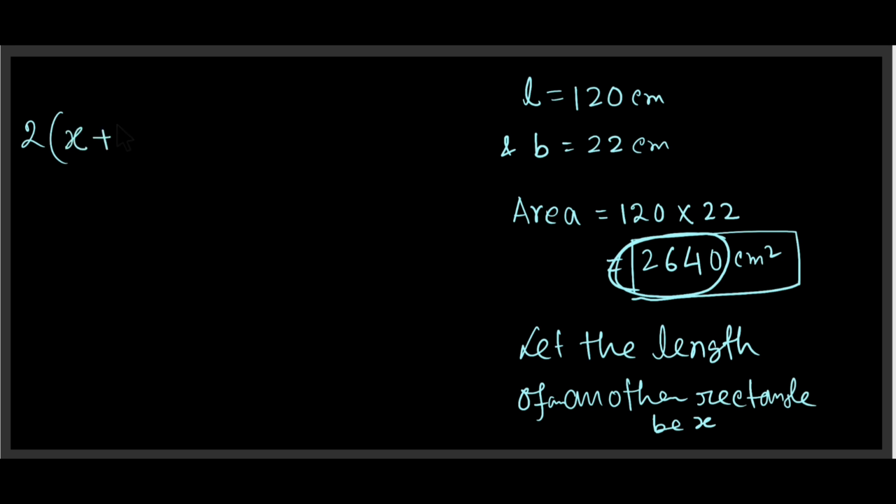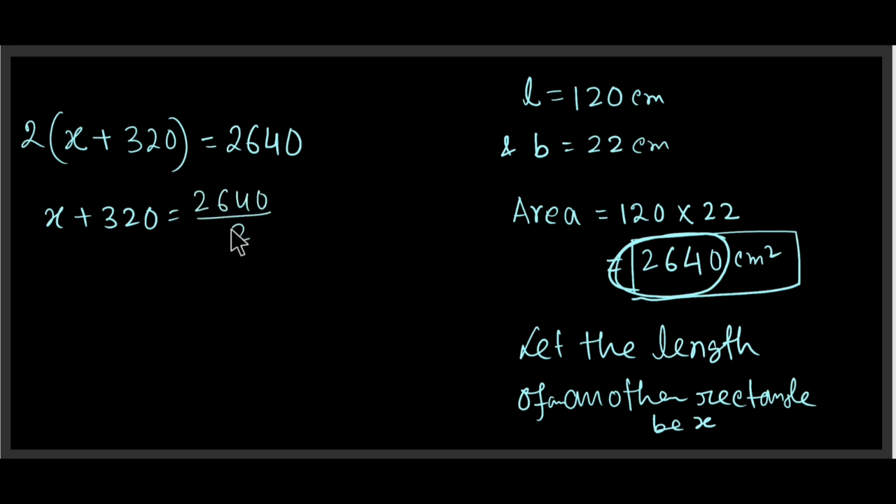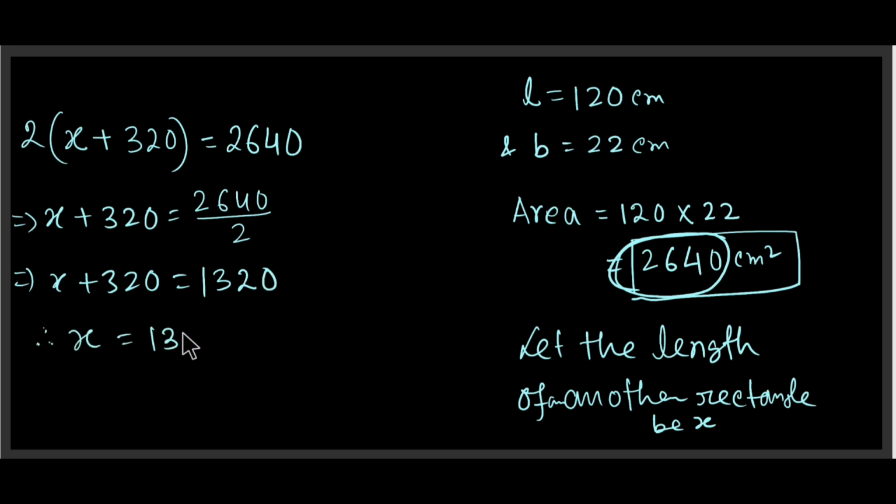Breadth is given as 320, is equal to 2640. Now x plus 320 is 2640 by 2. So x plus 320 is equal to 1320. Now x must be 1320 minus 320, which is 1000 centimeter.